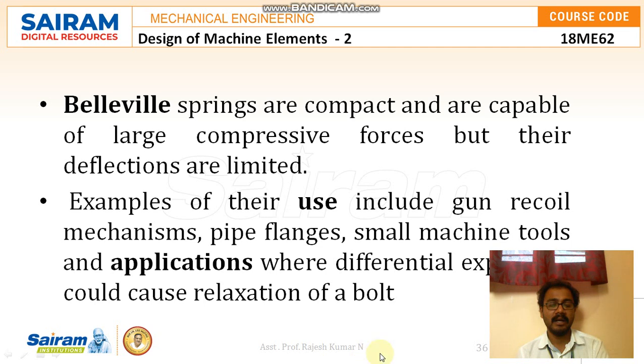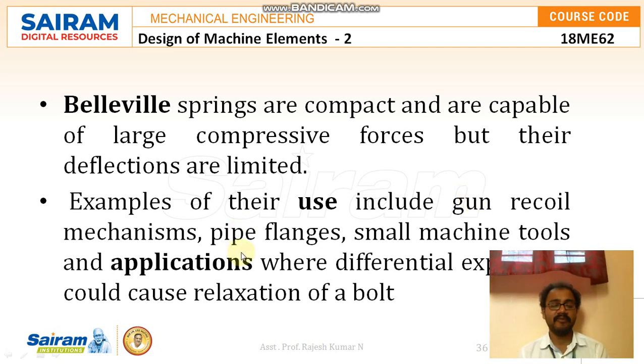In olden days there was a rotating bullet coil that worked completely on the Belleville spring mechanism. Nowadays it is completely advanced, we even have smart guns, so I'm just talking about the recoil mechanism used in olden-day guns.